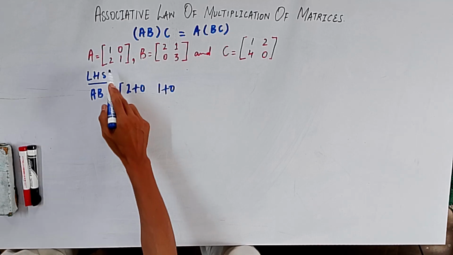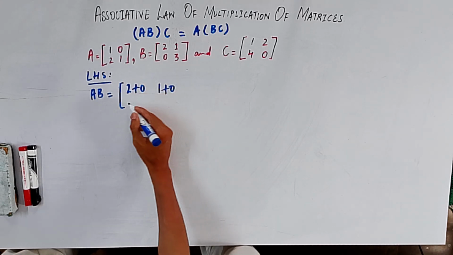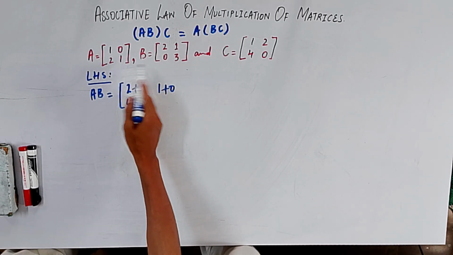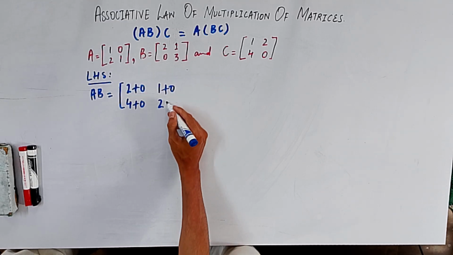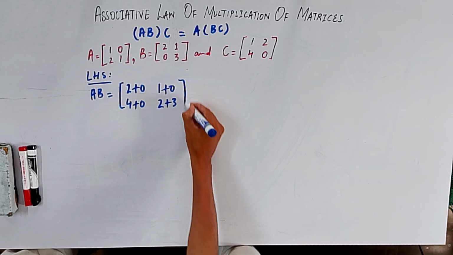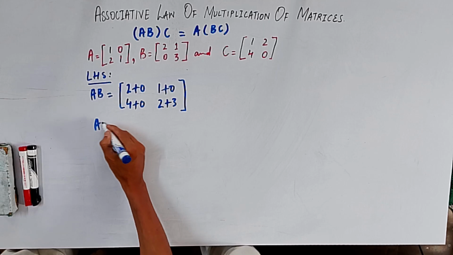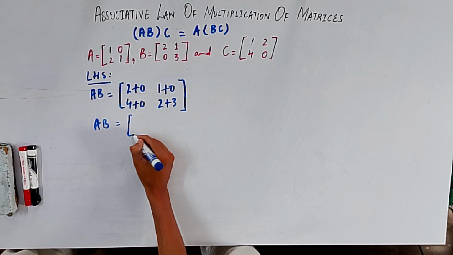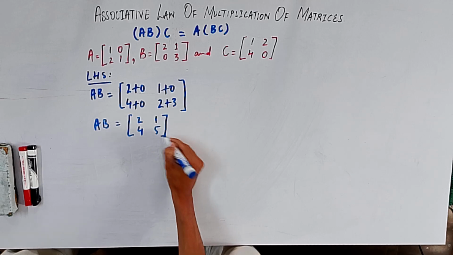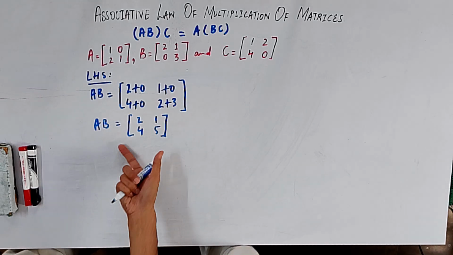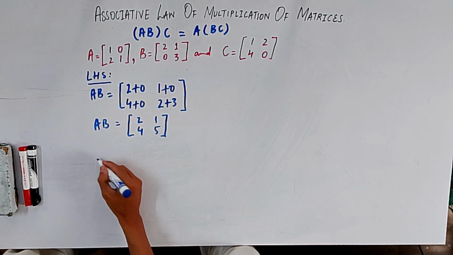First row done. Now second row with both columns. 2 2s are 4, 1 0s are 0, 2 1s are 2, 1 3s are 3. So A multiplied by B will be equal to 2 1 4 5.